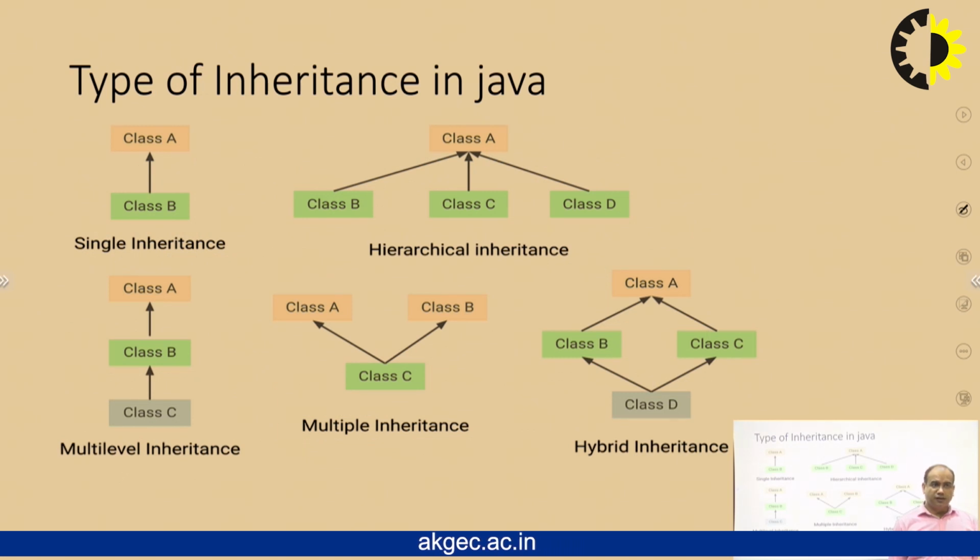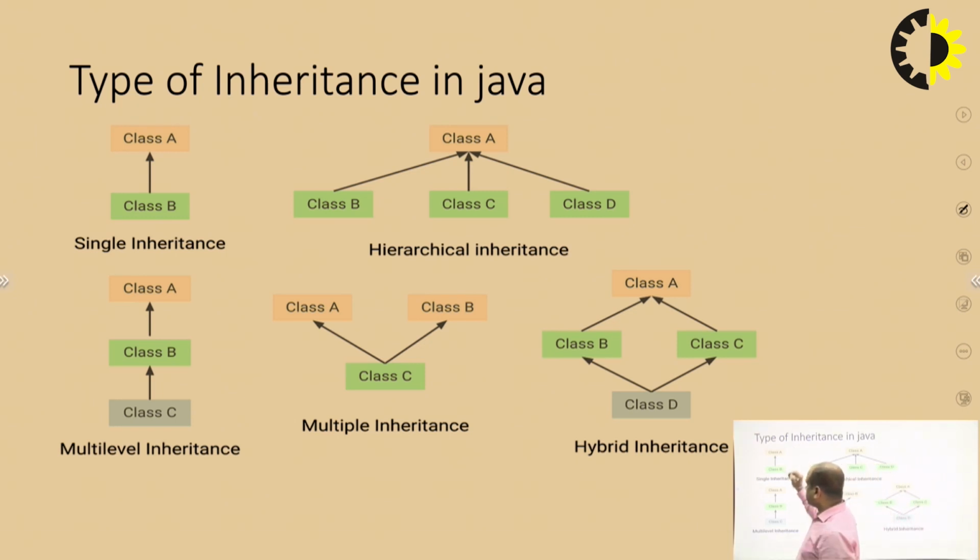There are types of inheritance in Java. First, I would like to discuss single level inheritance. There is a class A which is the parent class and class B that is the child class. As you can see here, the arrow goes from down to up.